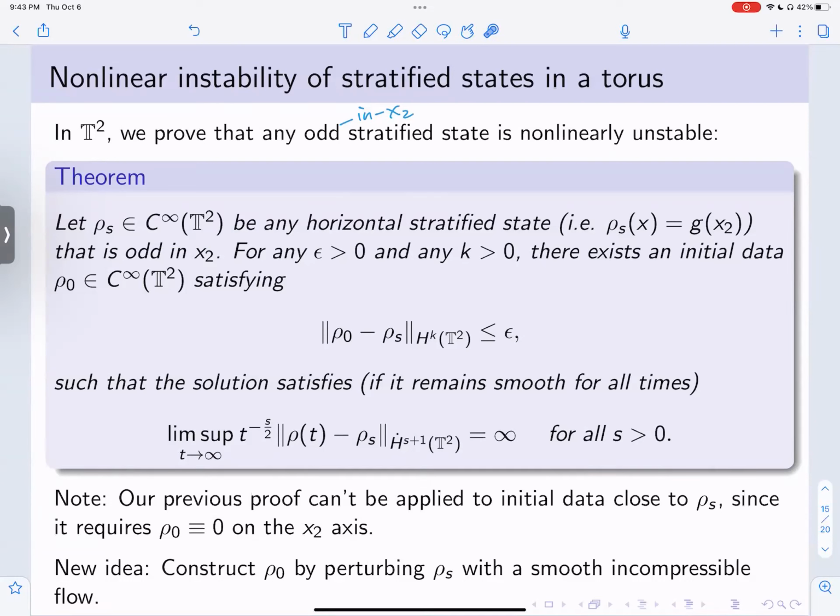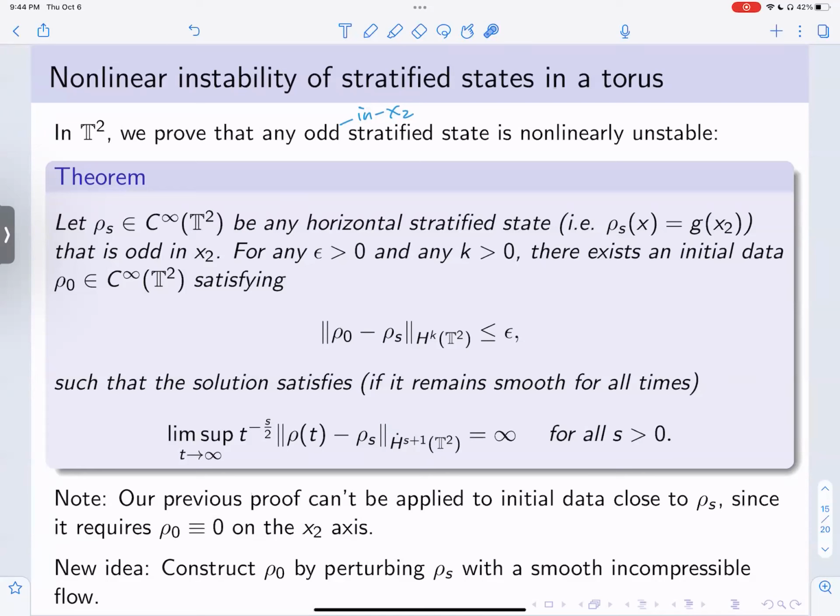And so for any epsilon, no matter how small the initial perturbation is, and no matter how high the order of the Sobolev norm is, we will show that there will always exist such a tiny rho zero, a tiny perturbation in a very high Sobolev space, such that the difference between the solution and rho s will have its H^(s+1) norm going to infinity for all s bigger than 0.